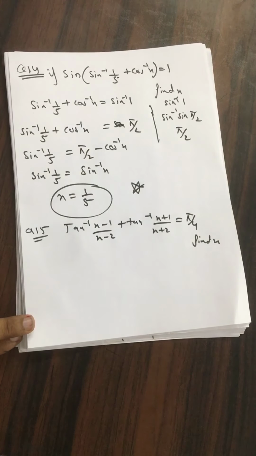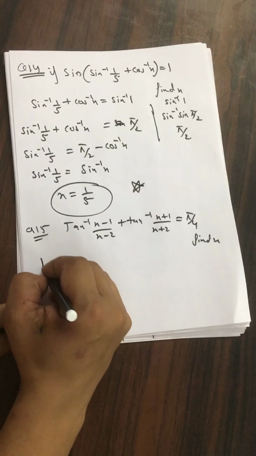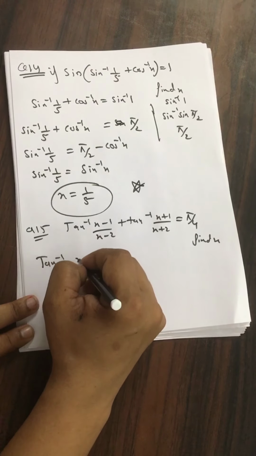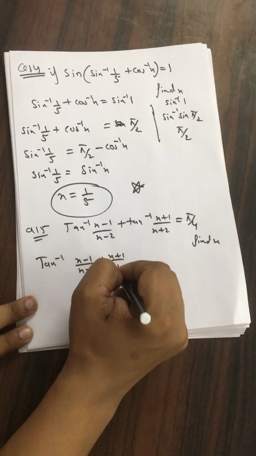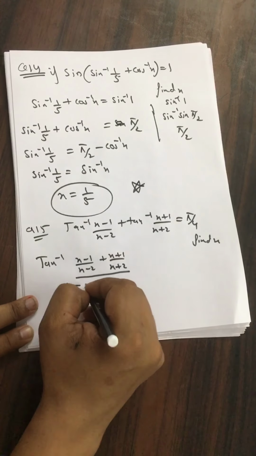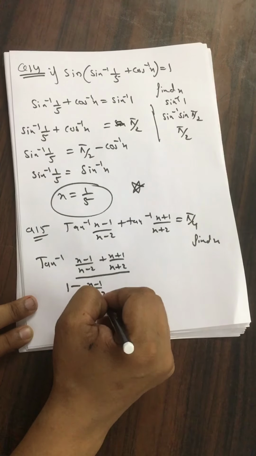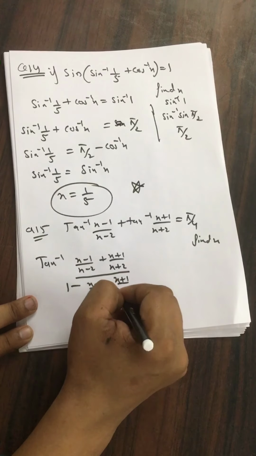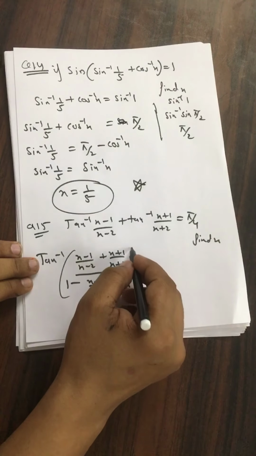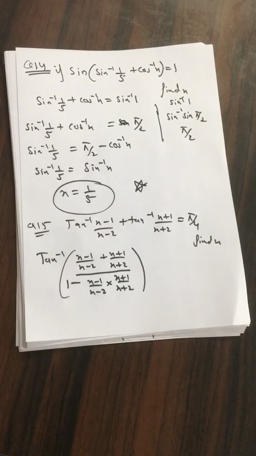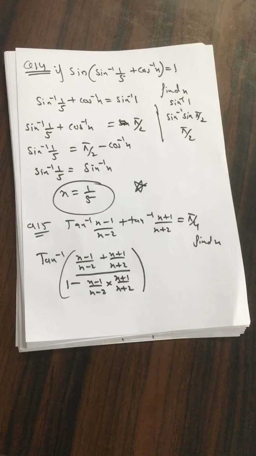Tan inverse A plus tan inverse B. So this will become tan inverse A plus B upon 1 minus AB: x minus 1 upon x minus 2 plus x plus 1 upon x plus 2, upon 1 minus x minus 1 upon x minus 2 into x plus 1 upon x plus 2. Can you solve this? In the numerator part, you can take LCM, and in the denominator portion, you can take the LCM after multiplication. So let's solve it over here.